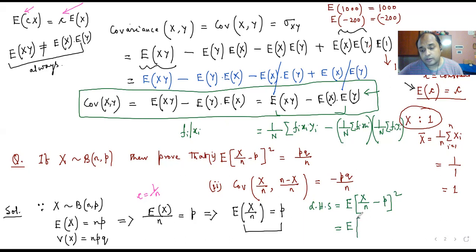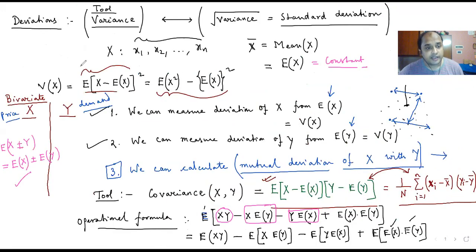So we have expectation of X by n minus expectation of X by n whole square. But if you recall, variance of X, as I mentioned on the previous page also, is given by this formula.